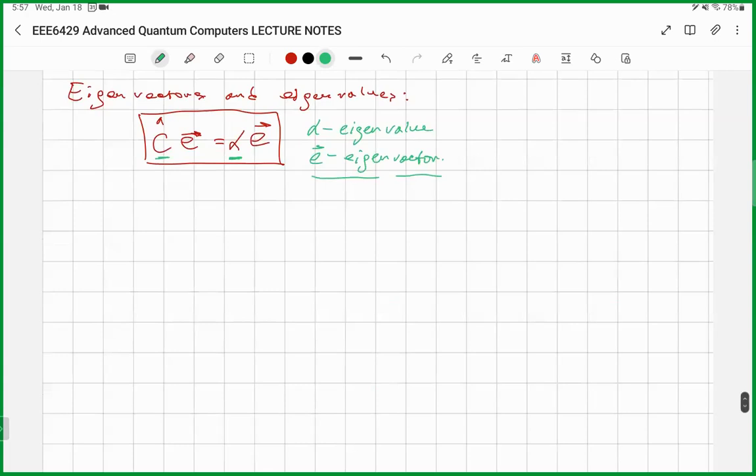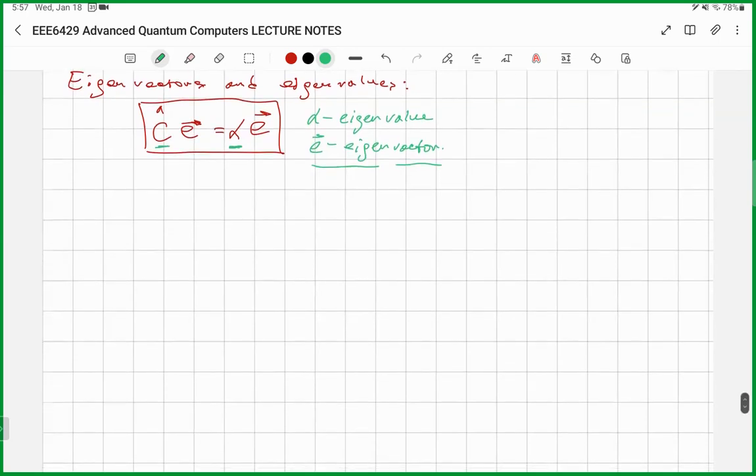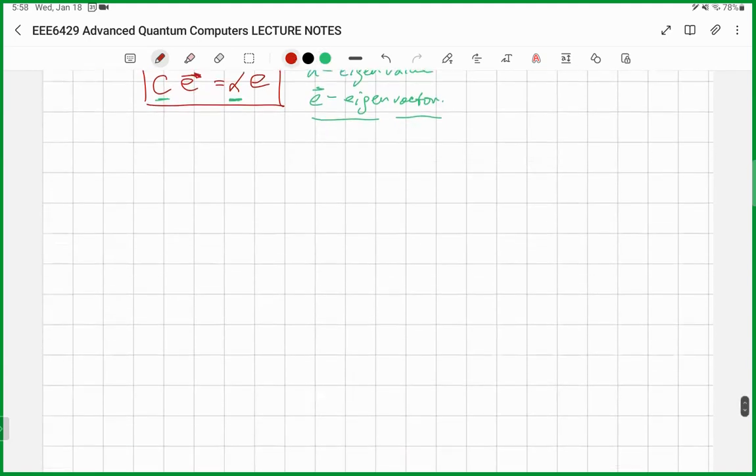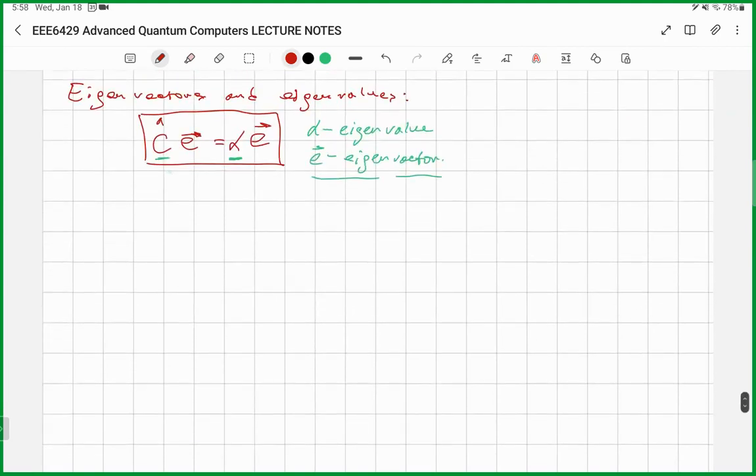I remind you that operator and matrix representations are equivalent. So how do we find the eigenvalues and eigenvectors? Let's rewrite this expression here in the matrix form.